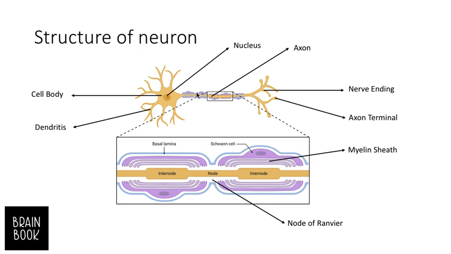In some places, as you can see here, the myelin sheath is not formed in the axon.